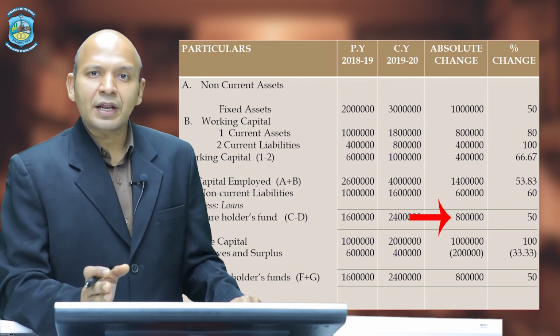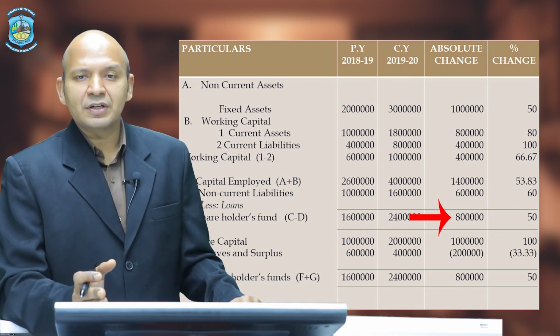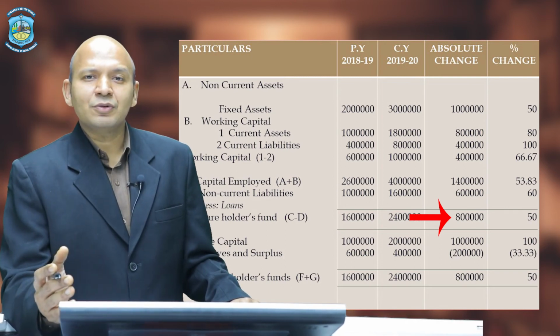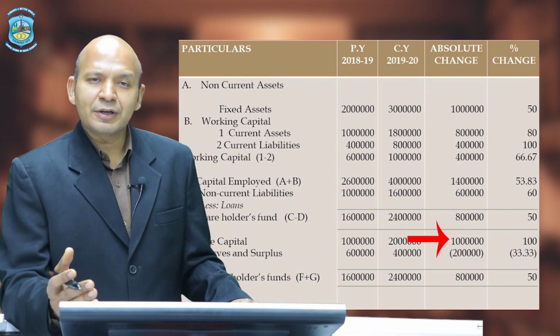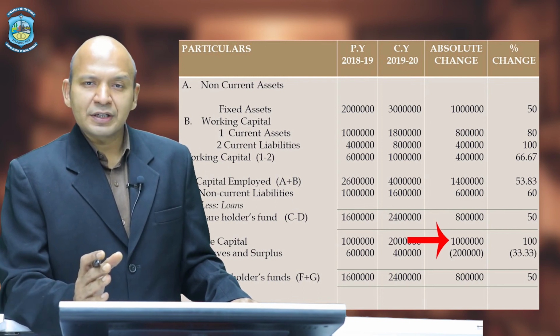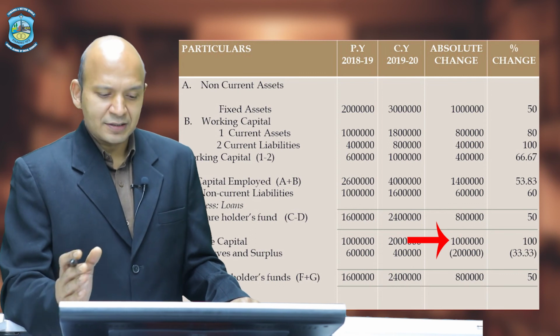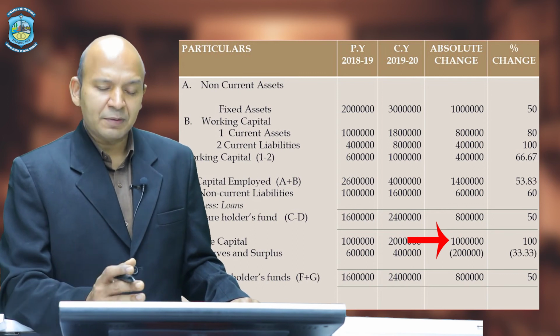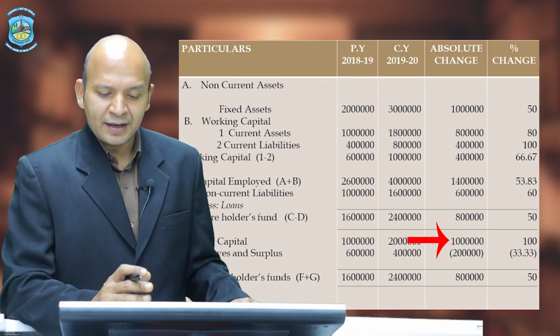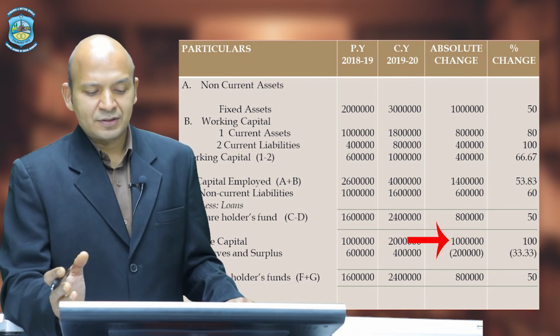So 24 lakhs minus 16 lakhs, the difference amount is 8 lakhs. For share capital also, we will be calculating the absolute change in the same way. The amount of share capital for the year 2019-20, that is the current year, it is 20 lakhs and previous year it is 10 lakhs. So 20 lakhs minus 10 lakhs, the difference amount is 10 lakhs.